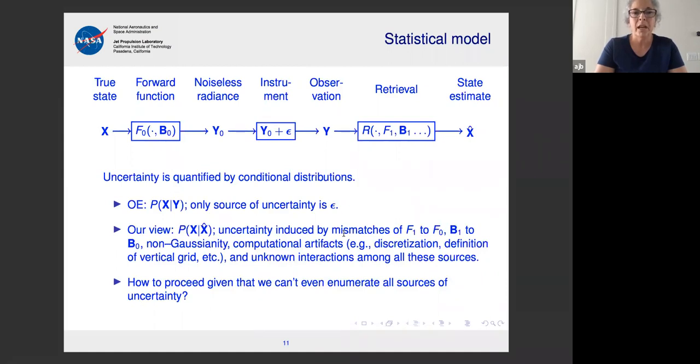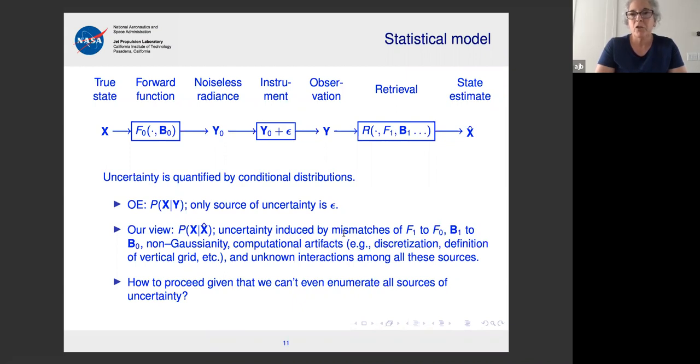What happens between the time when X goes in and X hat comes out? I can think of that as a big statistical experiment in which I have a sampling strategy that's governed by the instrument's observation scheme and an estimator, which is in fact encoded by the retrieval algorithm.